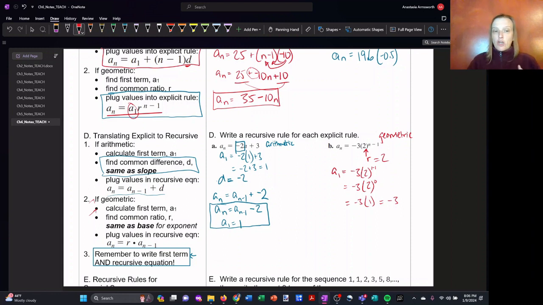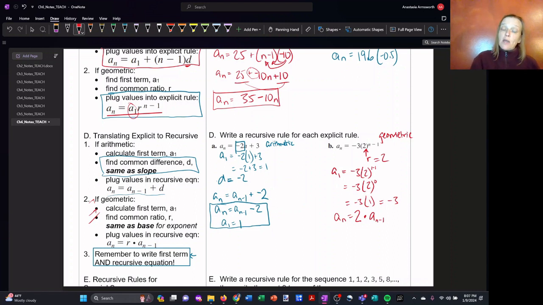So I know my common ratio, I know my first term, so now I can plug these values into this recursive equation, a sub n equals r times a of the previous term, n minus 1. A sub n equals the rate, which is 2, times a sub n minus 1, the previous term.